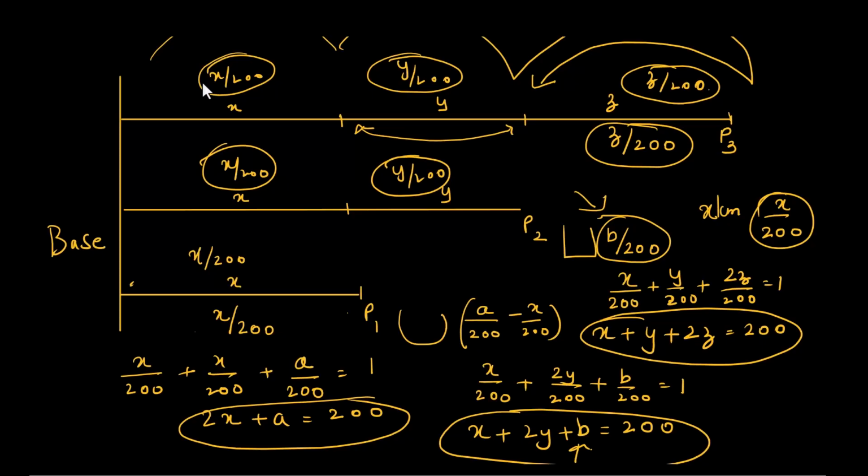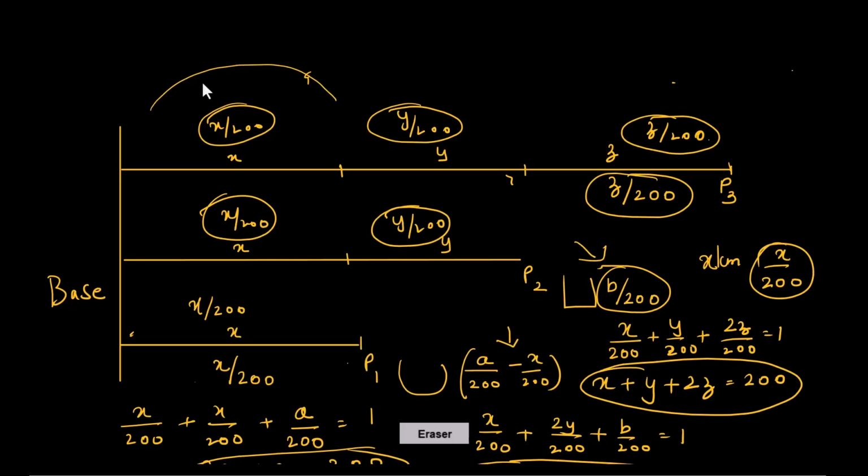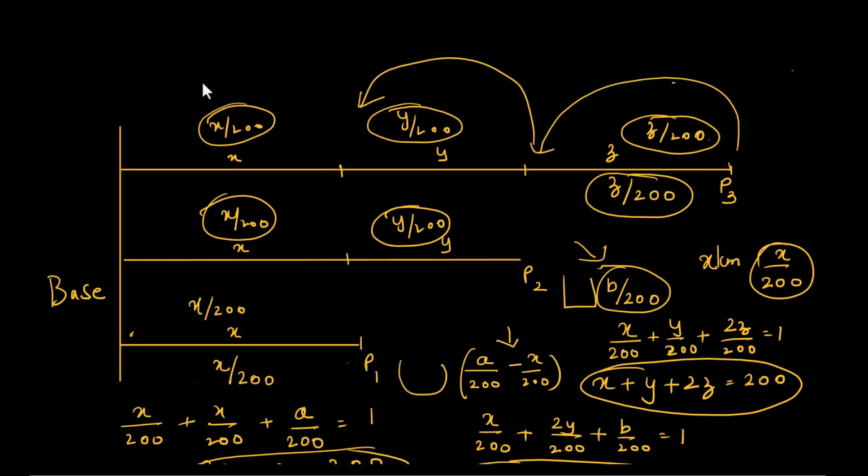Now this fuel that is left, he's using this fuel when he's returning back from P3. So when he comes back from P3, he gets some fuel from point 2, goes to point 1, that gives him enough fuel to go back to point 1, and from point 1 he gets enough fuel to go back to the base. So how much fuel does he require to go back to base?